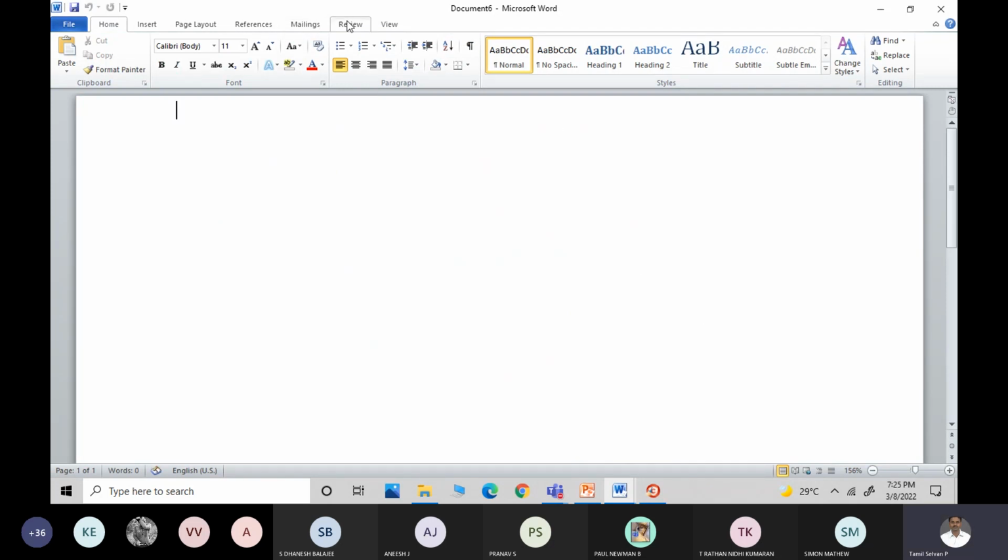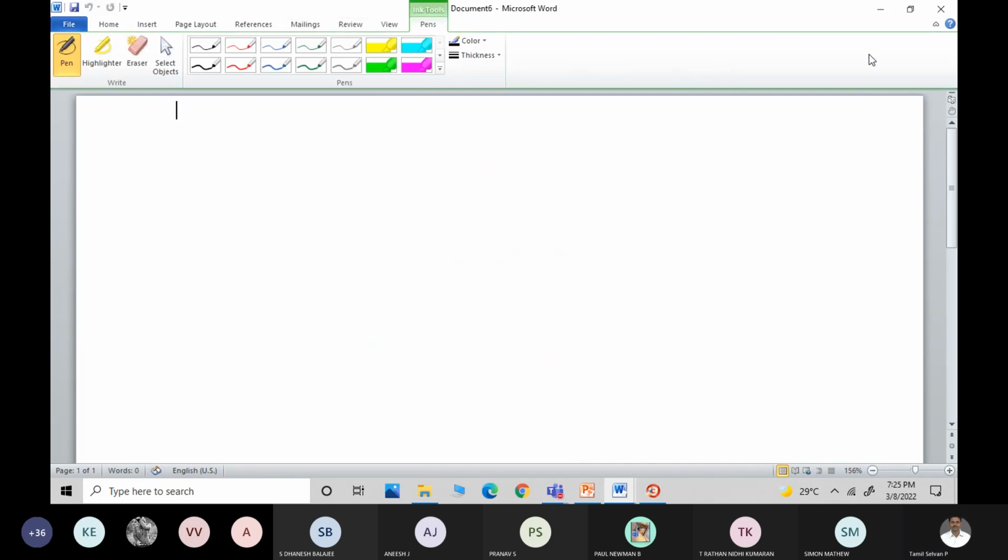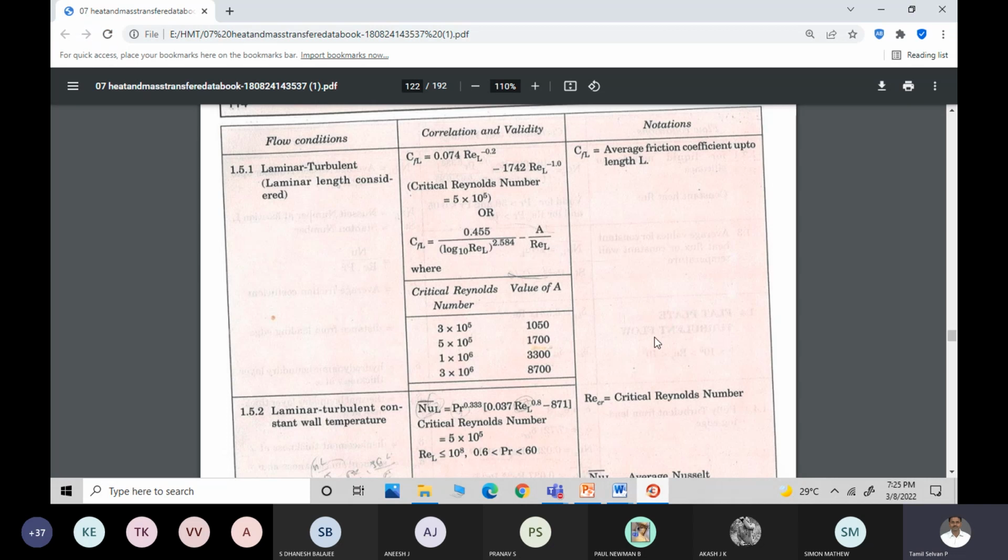So Nu bar, for laminar and turbulent combined, see, this is the formula, the general expression you can use. Prandtl number to the power 1 by 3. This is visible to you, students. Am I correct? Yes, sir.